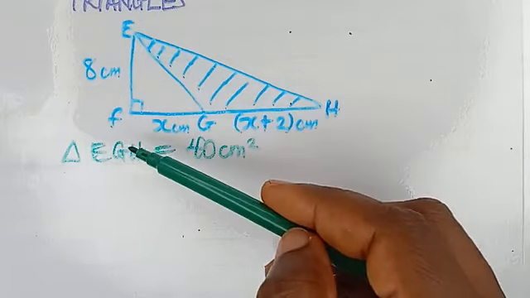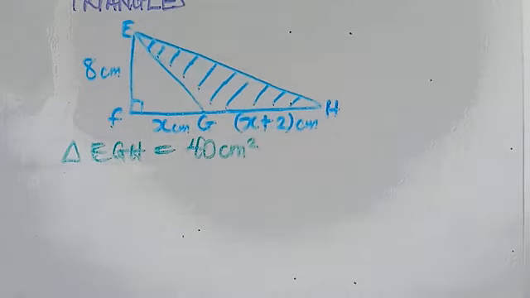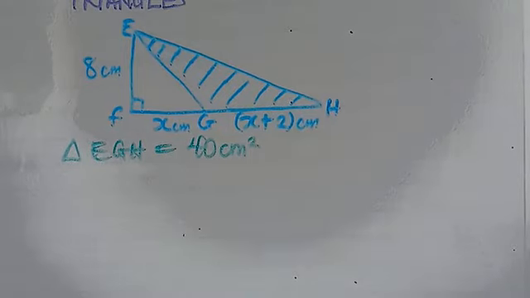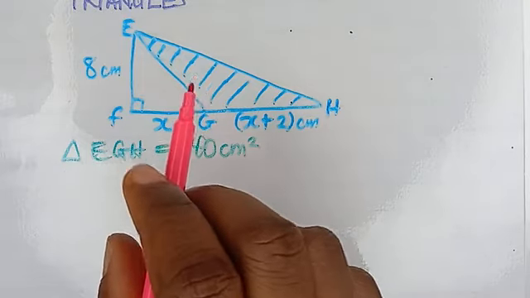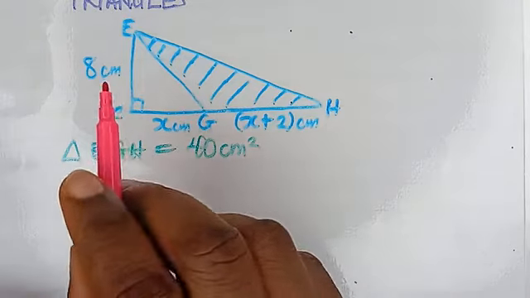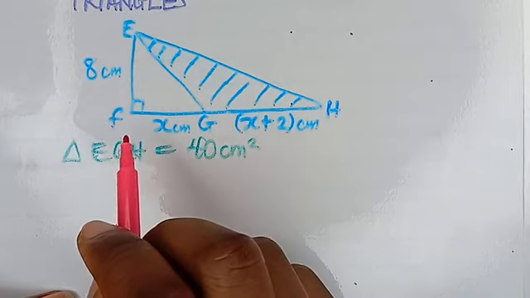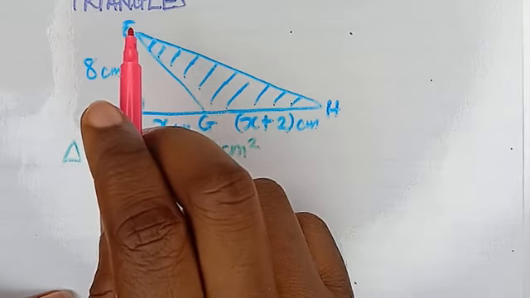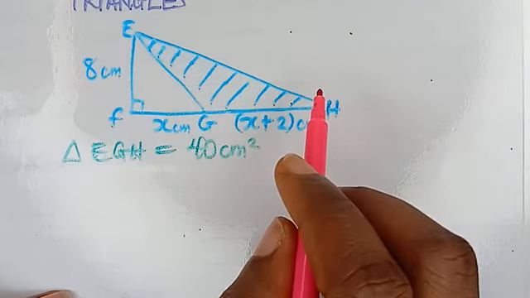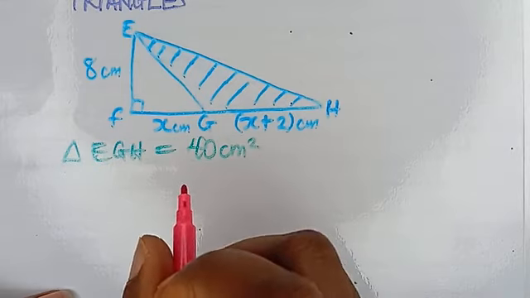That's the area of this part. Okay, to solve this, we are going to start from the known to the unknown. Now, this 8 cm is the height of triangle EFG and also the height of triangle EGH. We saw that at the beginning.